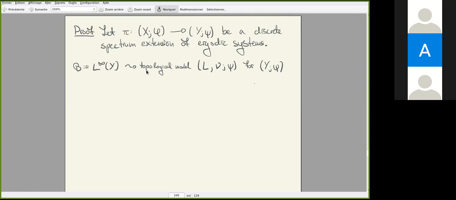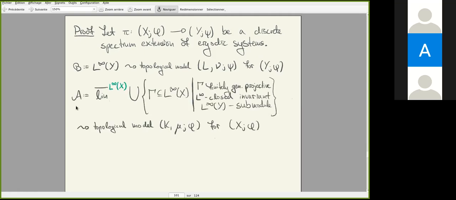So now we need to find the subalgebra for A. Here, we know what we want at the end: the property with the many finitely generated projective closed invariant submodules, which is equivalent to being an isometric extension in topological dynamics.